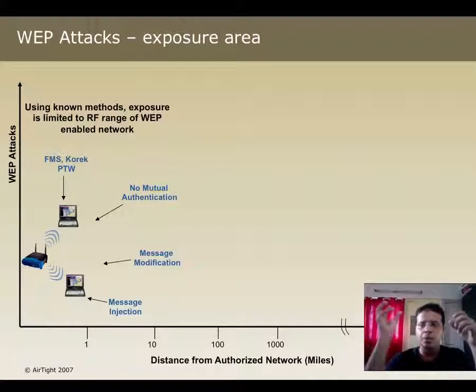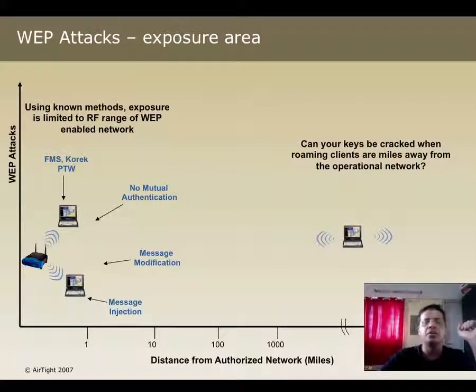What do we mean by that? Well, there is an AP, clients are connected, and an attacker would always have to be somewhere around the vicinity so that he can either affect the access point or the client, right? So nobody had really fathomed that you could go ahead and try and crack a WEP key or do something malicious far away from the authorized network, right?